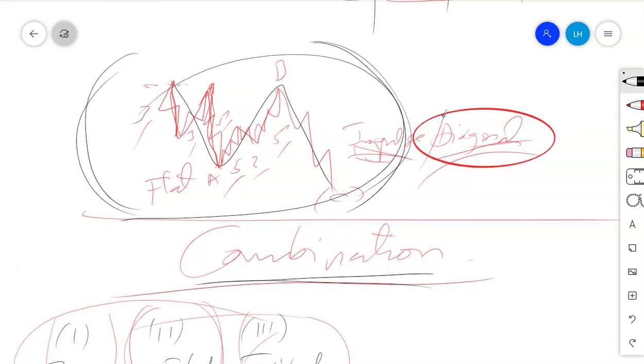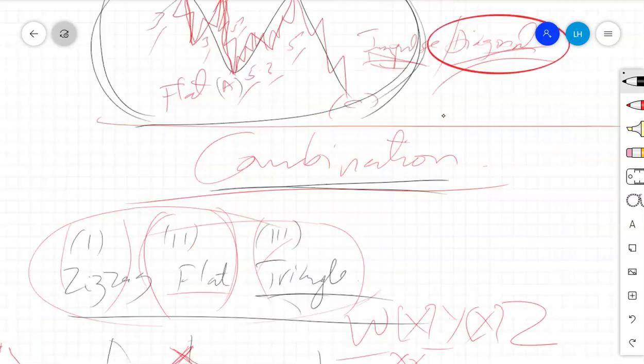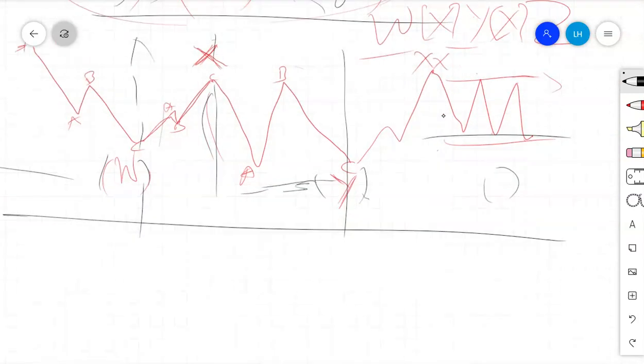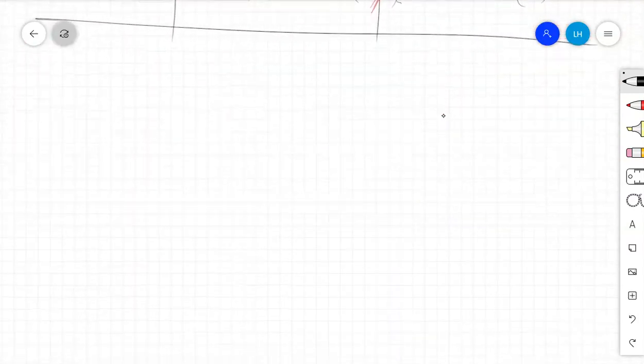Sometimes it's not necessary to occur always, but we expect that usually wave 1 can be simple. Wave A can be simple, wave B can be complex, and wave C actually can stay the same way, can be simple. And sometimes wave B can be complex. Now let me present this right down here.